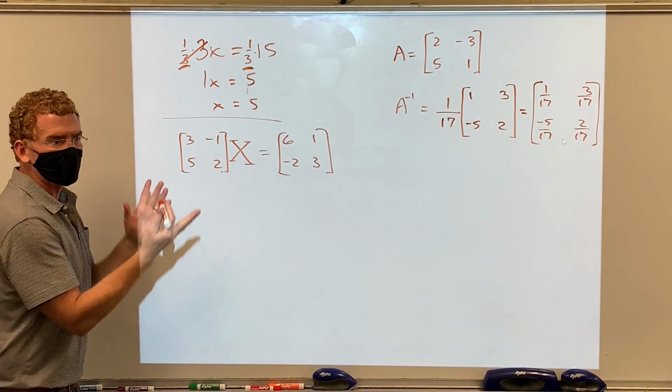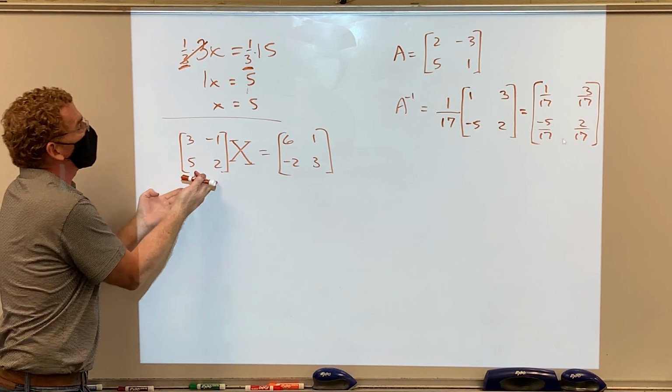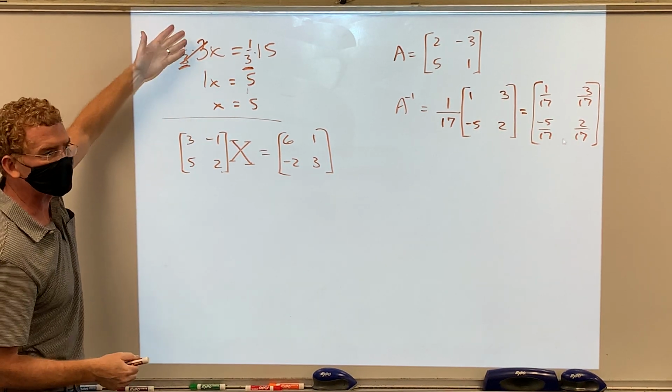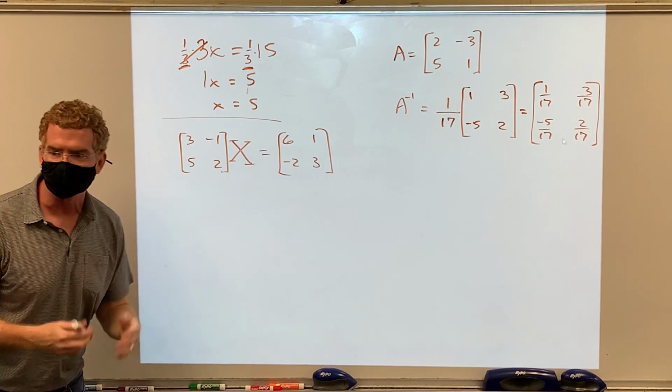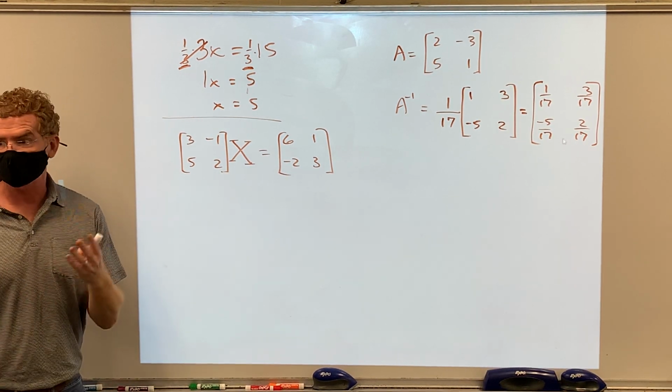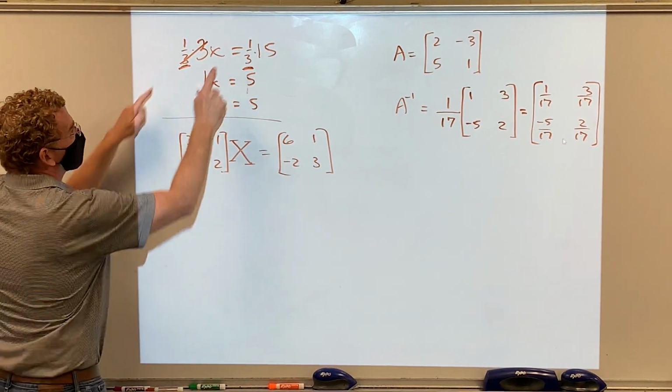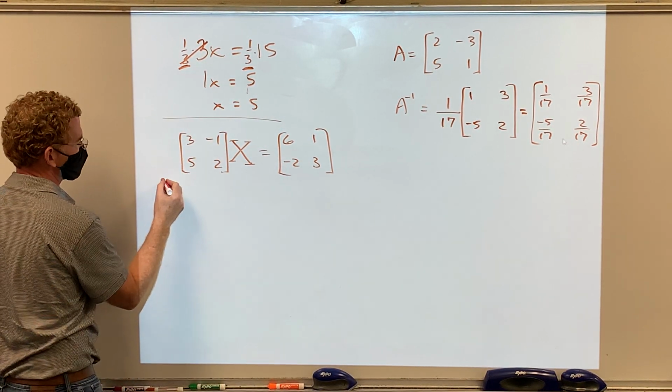But we're multiplying by something that will make this go away, just like I chose 1/3 to make the 3 go away. But instead of ending up with a 1, what am I going to end up with? The identity, right?